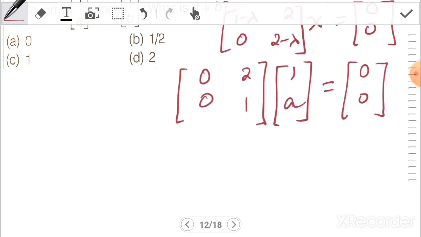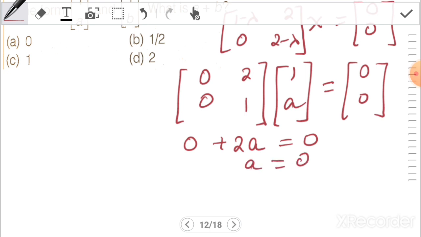Let us find A. So 0 plus 2A is equal to 0 and A is equal to 0.